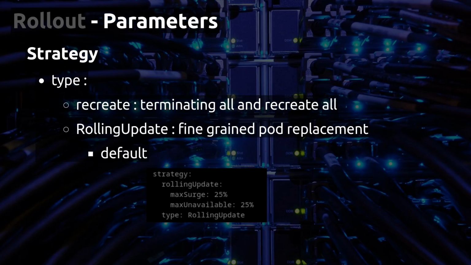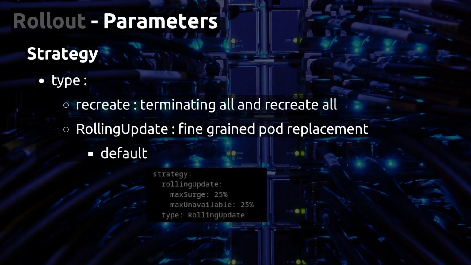This is not really common to use because it's a big change to your infrastructure and your Kubernetes cluster. For example, if you want to upgrade something and you have 10 replicas, all replicas will be terminating and starting at the same time.